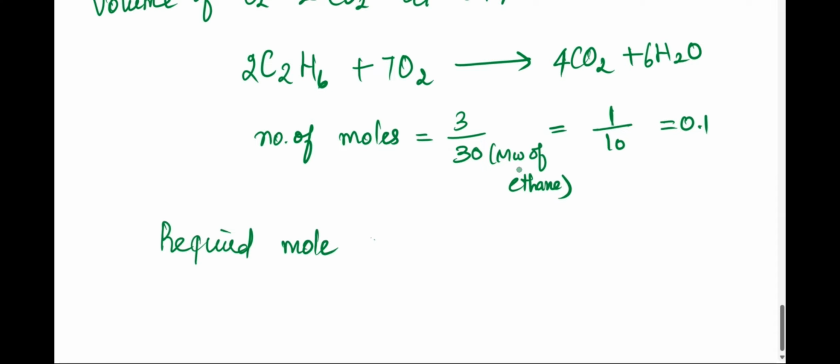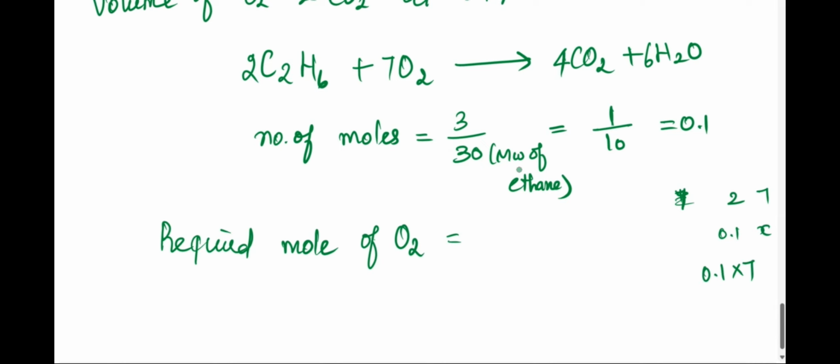So the required mole of O2 is in 2:7 ratio. 2 moles means 7 moles will be required. Here I am having 0.1 mole, then that would be 0.35. How? You can do unit conversions or cross multiplication. 2 for 7, 0.1 for x.